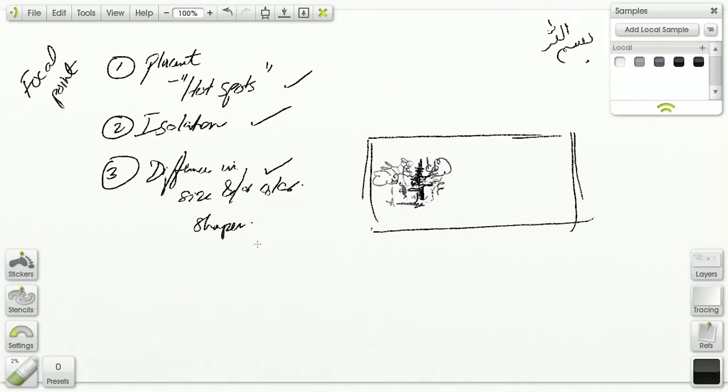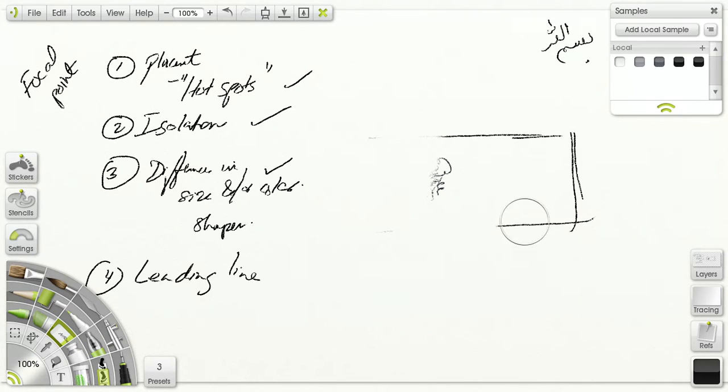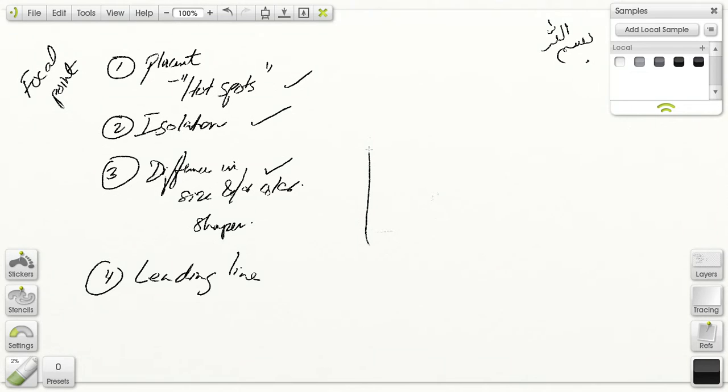And finally, you can suggest focal points by what's called leading lines. In other words, you could kind of tell the viewer, okay, I want you to go focus on this area of interest, right? So here's trees, okay?